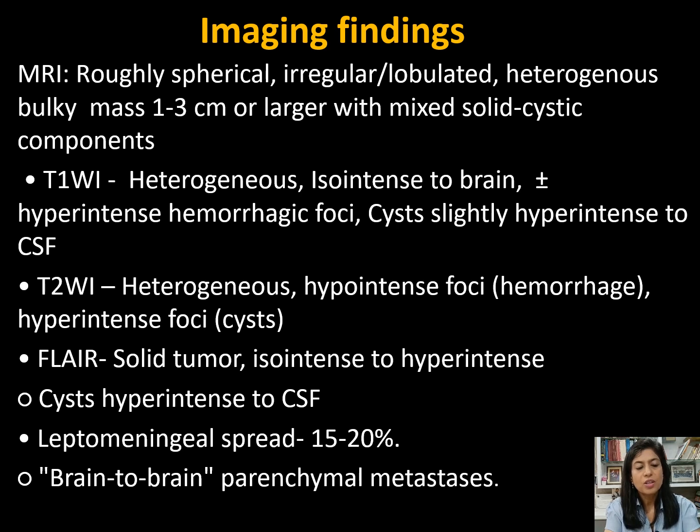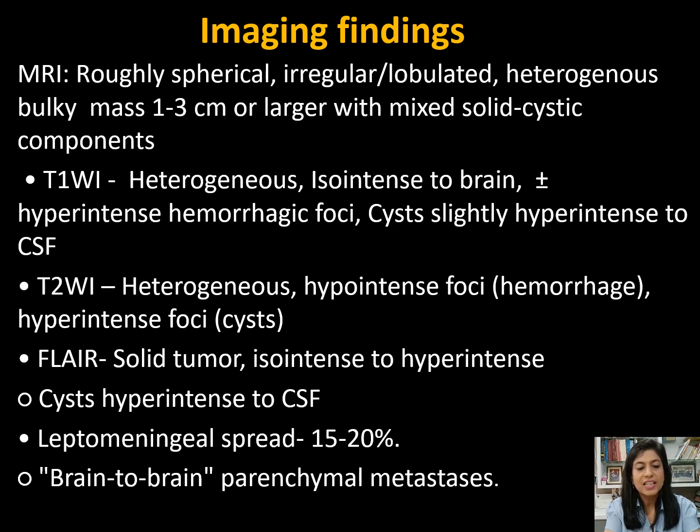Imaging findings. On MRI, this tumor presents as a roughly spherical, irregular, lobulated or heterogeneous bulky mass measuring about 1 to 3 centimeters in size, or even larger in infants or young children, with mixed solid cystic components. On T1 weighted images, this is heterogeneous, isointense to brain and may have hyperintense hemorrhagic foci.